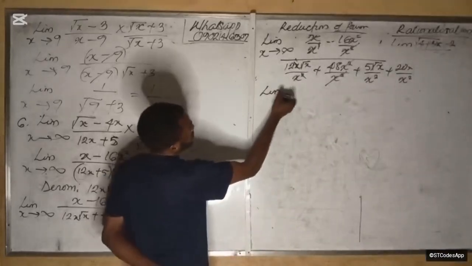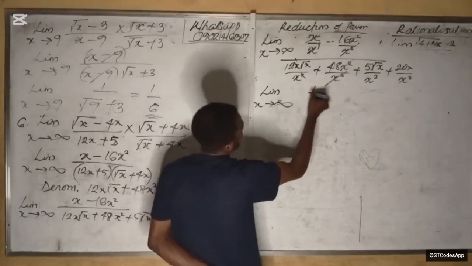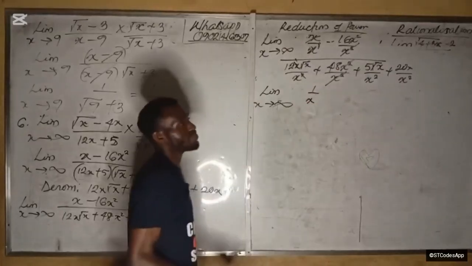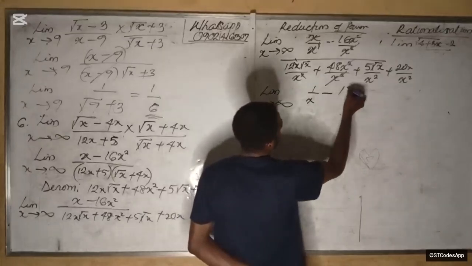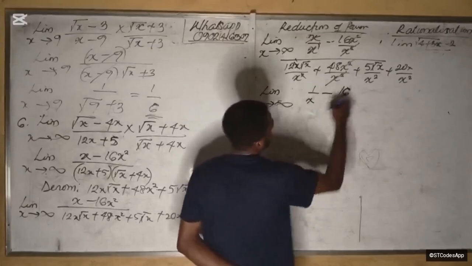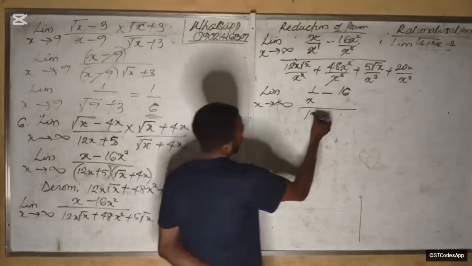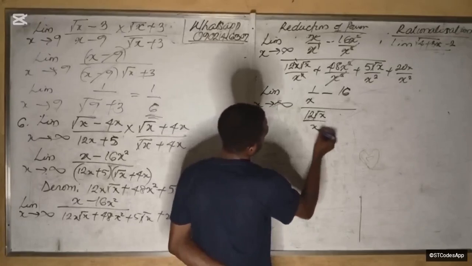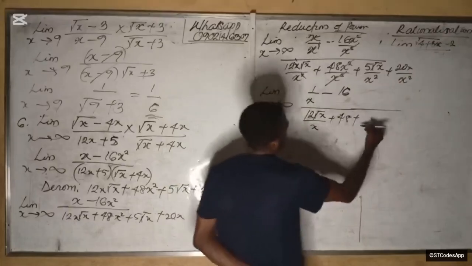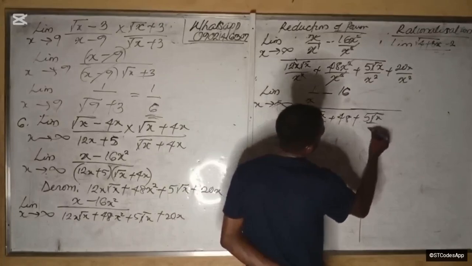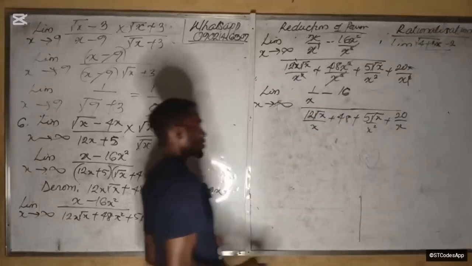We'll have the limit as x approaches infinity of our function becomes 1 over x minus 16, over 12 root x over x plus 48 plus 5 root x over x squared plus 20 over x.